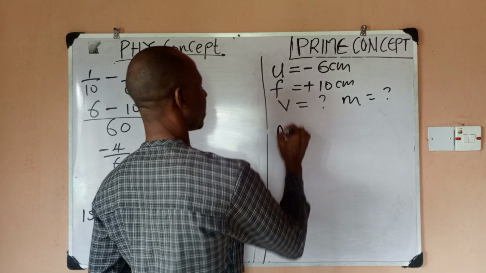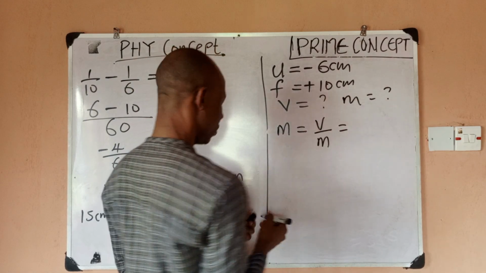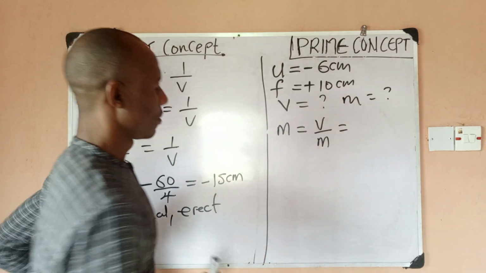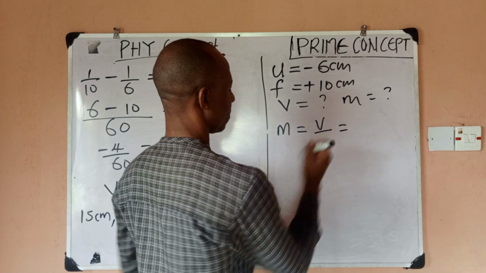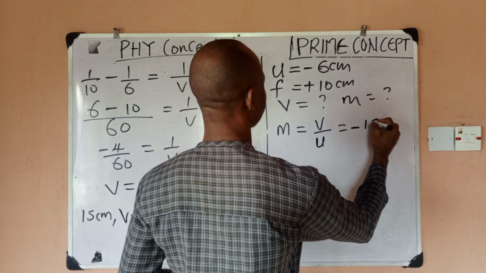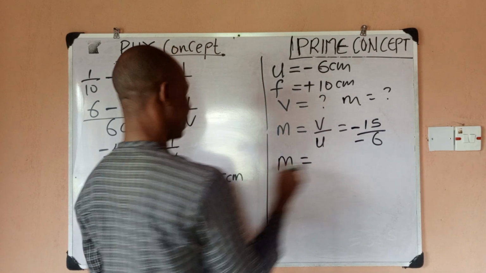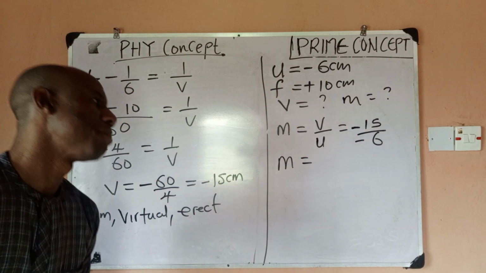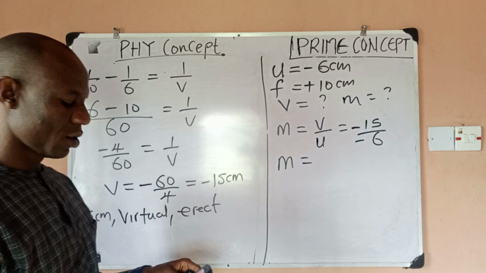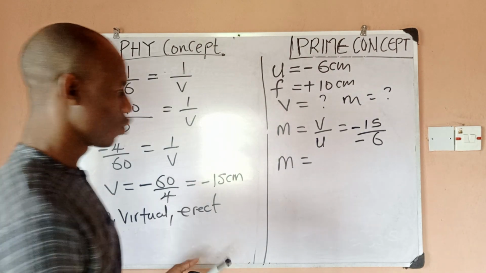So magnification M is going to be v by u, so that I would have my v as minus 15 and my u as minus 6. If I divide this, I'll get that my magnification is 2.5.